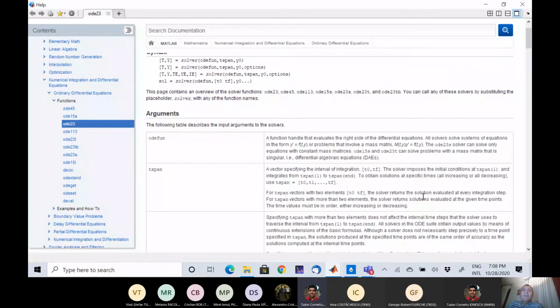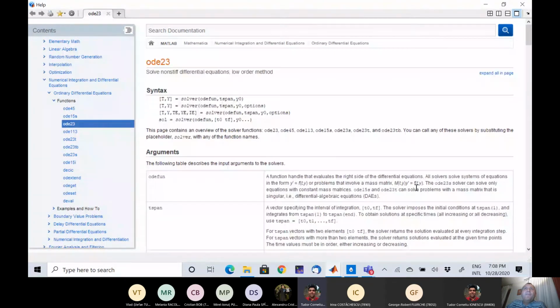But let's look a little bit at how the function is constructed. The outcome is a vector of time moments, t, and a vector of the values of the solution of the equation. It's precisely what I have explained previously.